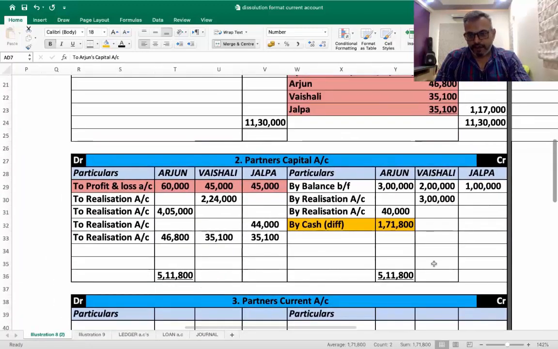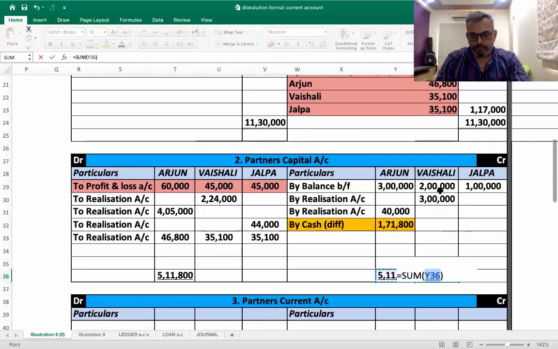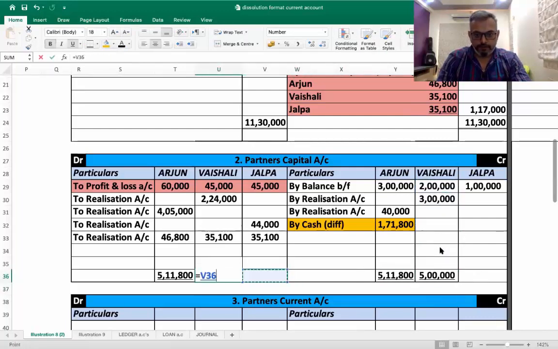Next, let's check out Vaishali. 5 lakh credit side is more. Same we transfer on the debit side and see the difference.